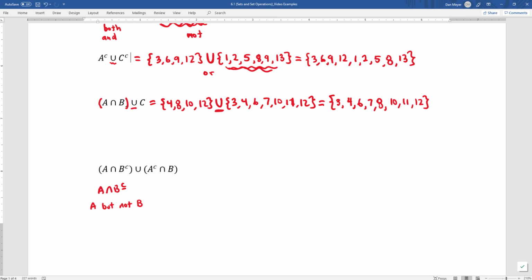We can do a shortcut here. I could write down B complement and then find all the elements. The shortcut is if you think about A but not B: I like A, but I don't want any of the stuff that's in B. You look at A and throw away all the stuff that happens to be in B.